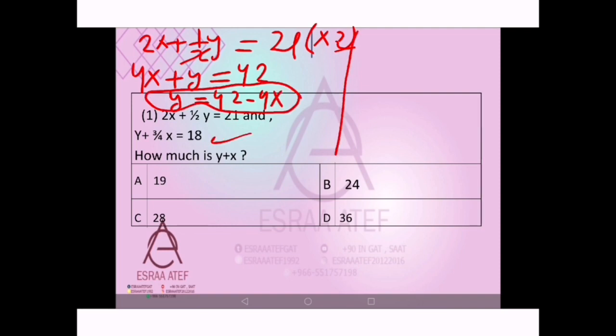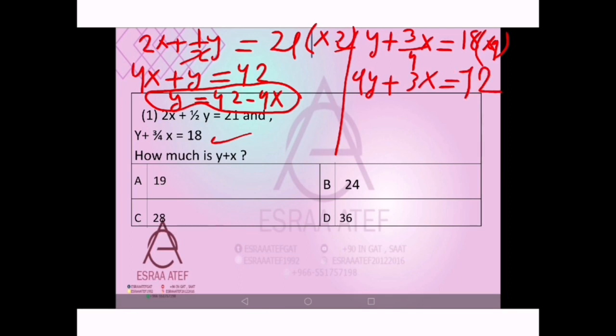Next we have the second equation, which is y plus 3 over 4x equals 18. So we will times it by 4. So 4y plus 3x equals 72. Okay, so we will replace the value of y by this value.